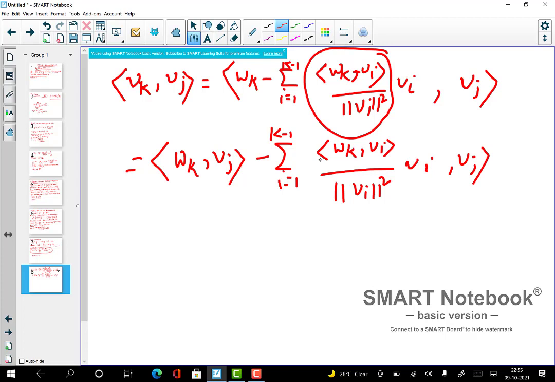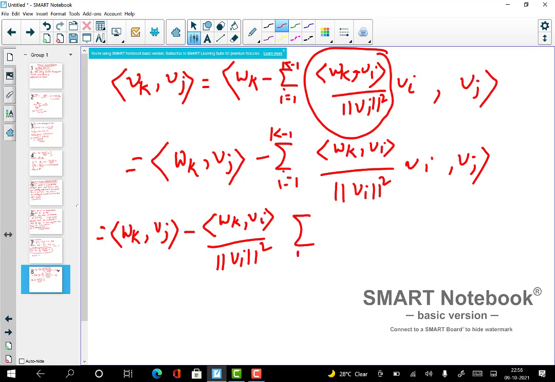Now this scalar quantity comes outside, and then you will get Wk comma Vj minus Wk comma Vi divided by norm of Vi square, and then sum over i equal to 1 to k minus 1, and then the inner product of Vi with Vj, right?